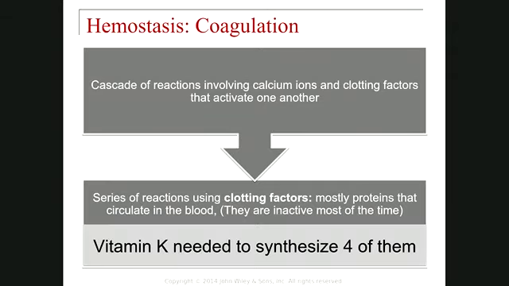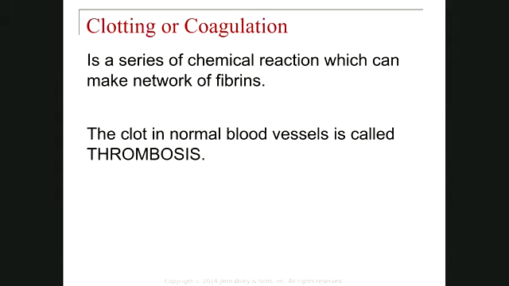The coagulation is a cascade of reactions involving calcium ions and different clotting factors that activate one another. It's a series of reactions, and in this series of reactions, we use different types of clotting factors, and we need vitamin K for making these clotting factors. Vitamin K is very important here.